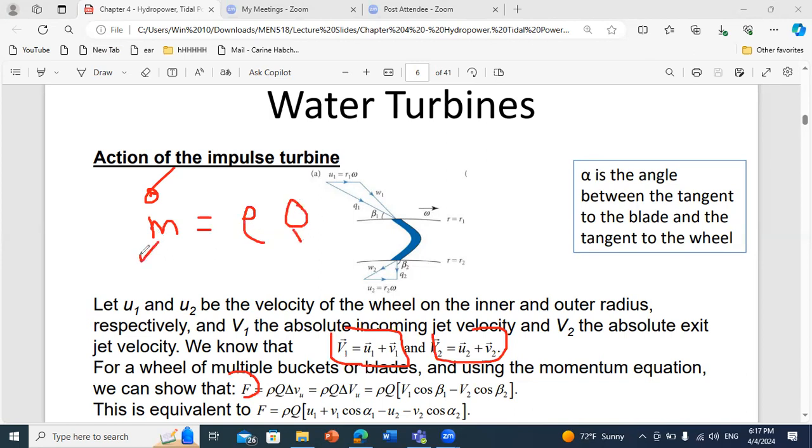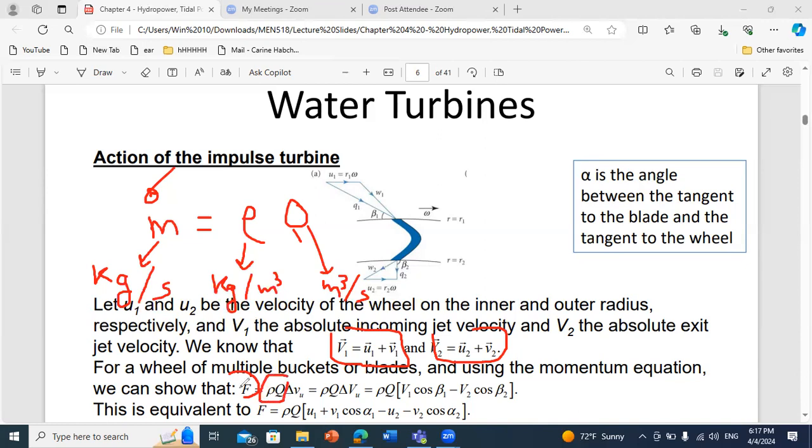So m dot is in kilogram per second. So for example, if you open the gate of a dam, you can know what is the flow rate that is getting out. You can express it in kilogram per second. This is equivalent to multiplying the density of water, which is in kilogram per meter cube, by the flow rate of water, which is in meter cube per second. So then in total, you will get m dot equal rho times q. So this term is m dot.